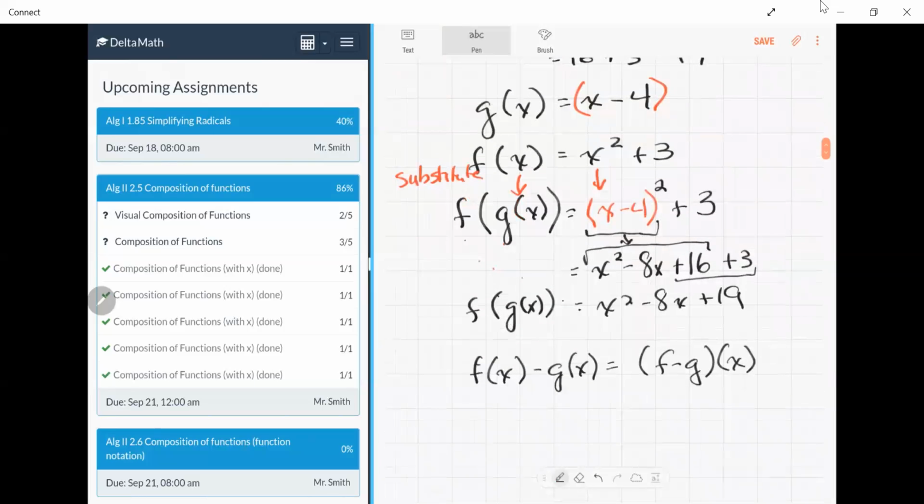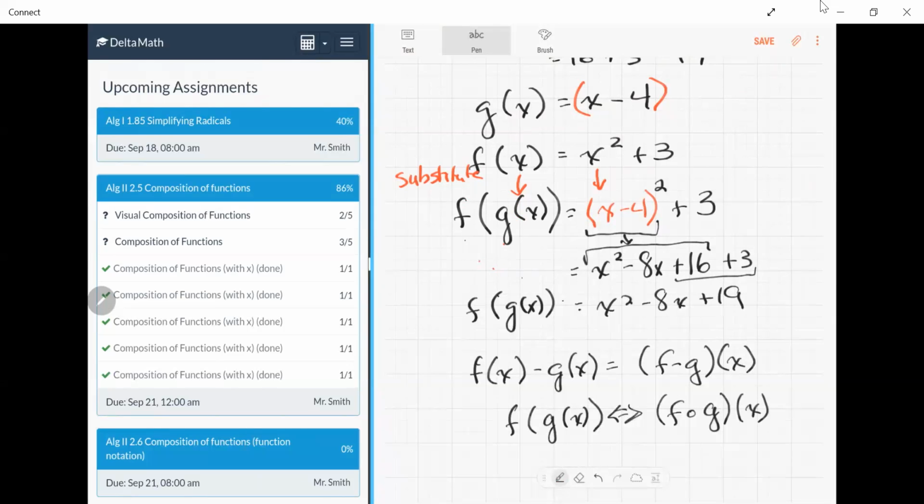In the same way, there's another way to say f of g of x: f with a small o, so it looks like fog. The o is for of. Where this one says f subtract g of x, this is f of g of x, and that's called composing a function.